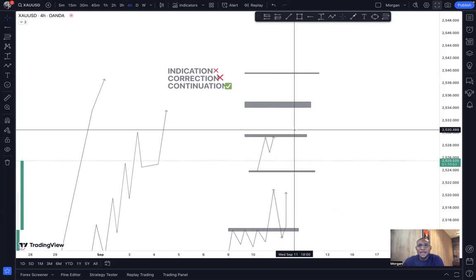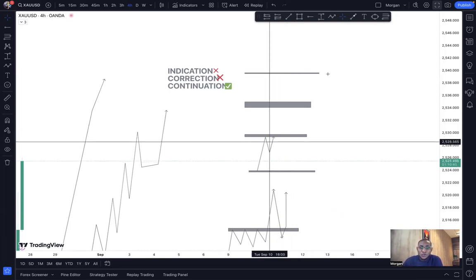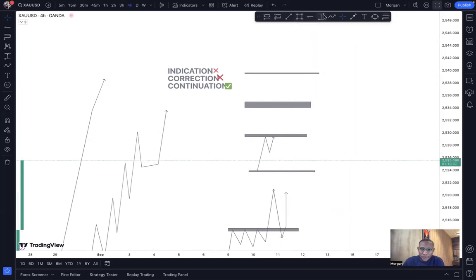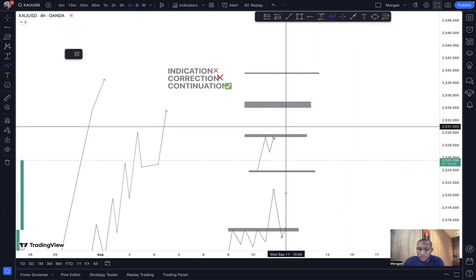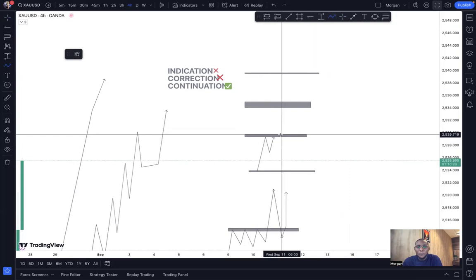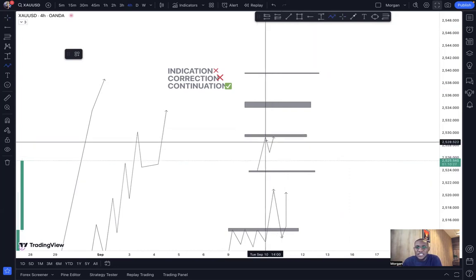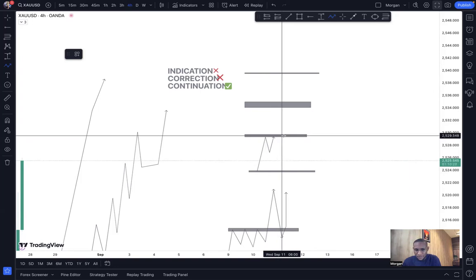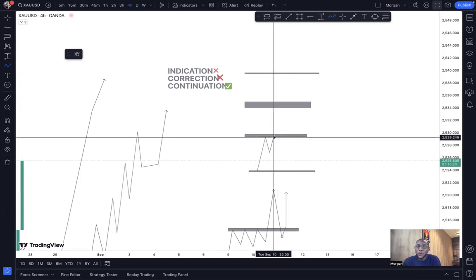Team A has 10 strong men and 5 slim men, and team B has 5 strong men and 5 slim men. You don't know who is going to win, so you wait and watch. Price rejecting this area means these sellers have the same power as the buyers pushing it up. So you don't know where price is trying to go, and you wait for price to make a decision.